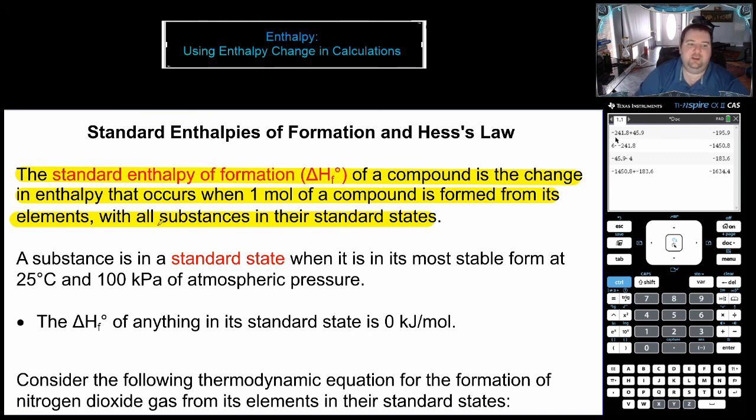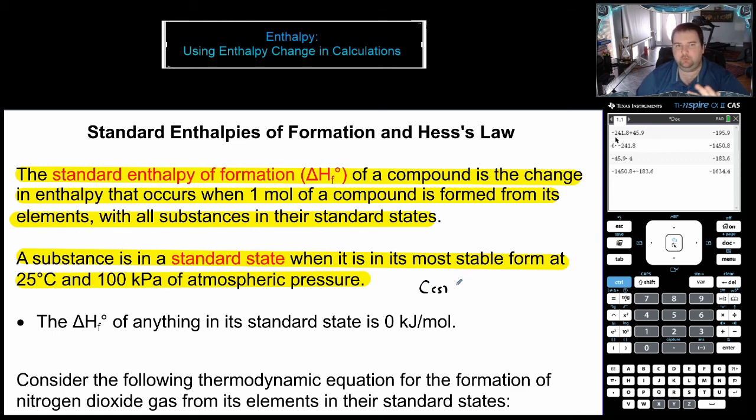What is a standard state? Well, a substance is said to be in its standard state when it's in its most stable form, and that's at standard temperature and pressure. So how do we know if something's in its most stable form? Well, for most elements, that's when they're by themselves. So the standard state of, for example, carbon would just be carbon. And this is actually graphite.